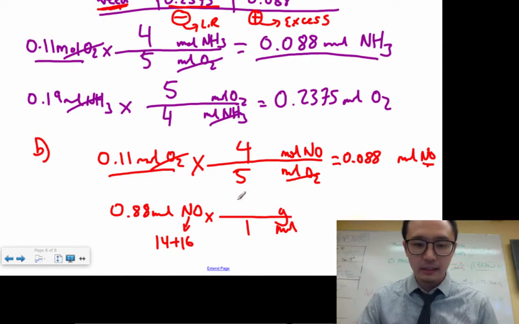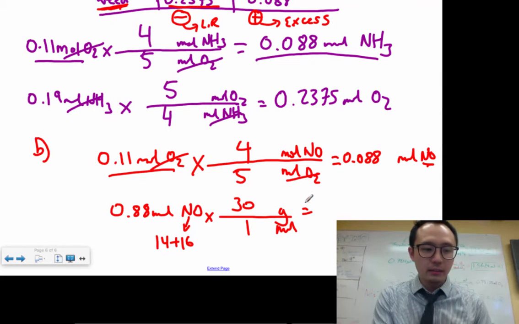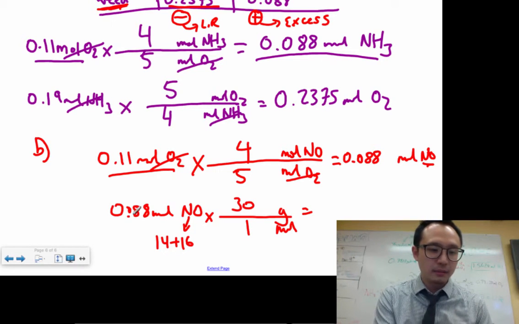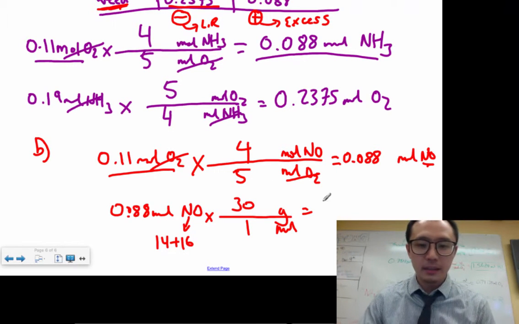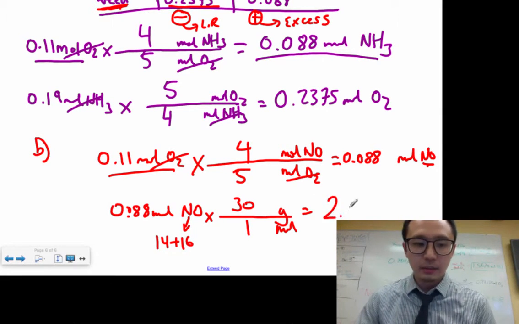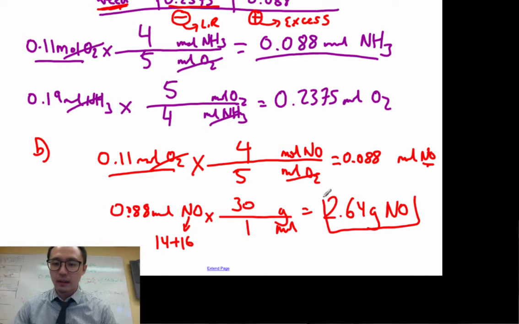That's your molar mass, which gives me 30. Nice number. So 0.088 times 30 gives me 2.64 grams of NO. That's what I have.